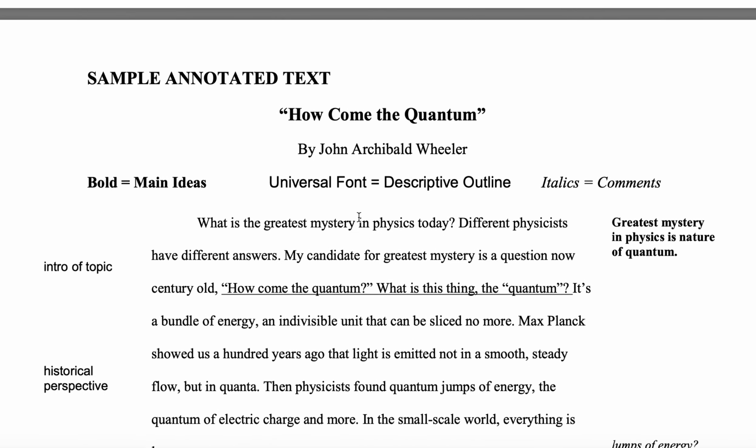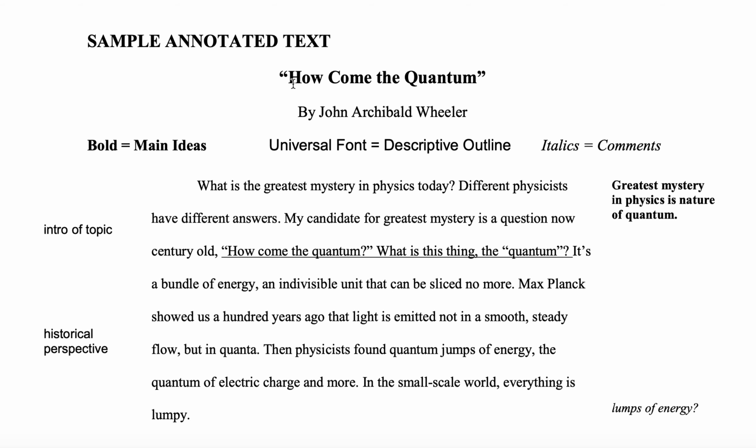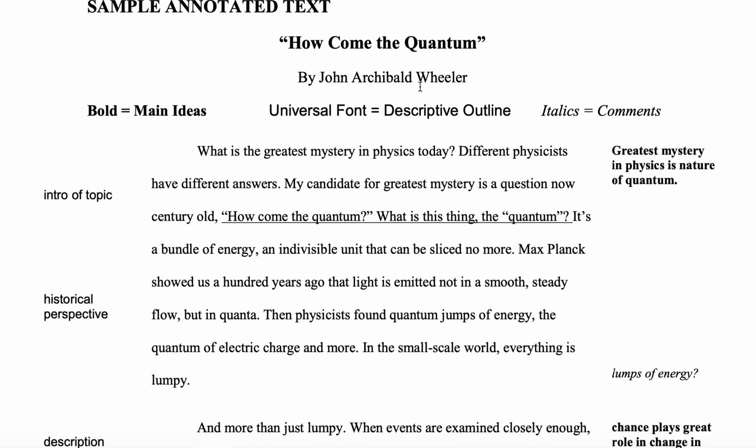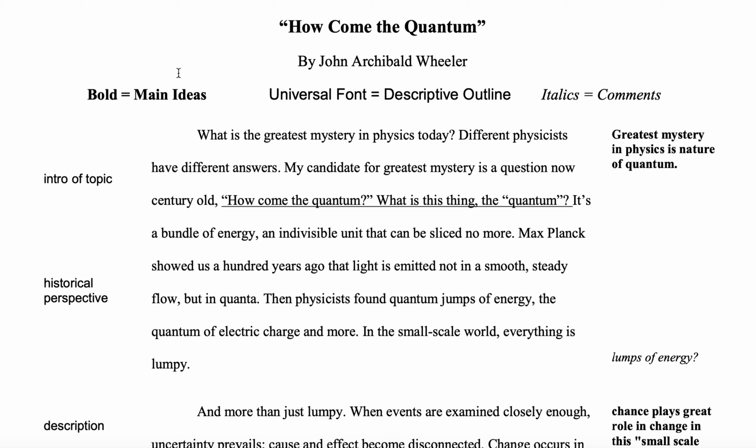This is a sample of an annotated text. This is How Come the Quantum by John Archibald Wheeler. And notice that the main ideas are in bold, descriptive outline is in universal font, and italics is for comments.